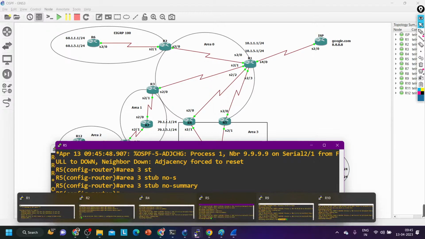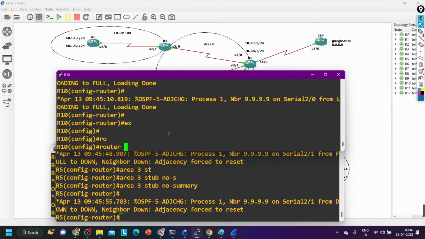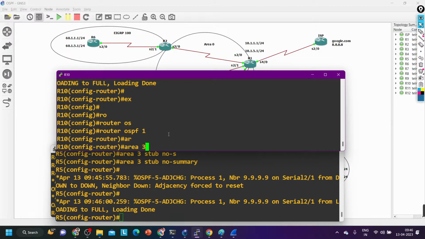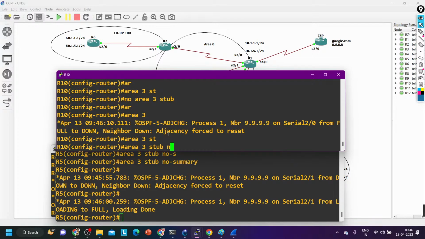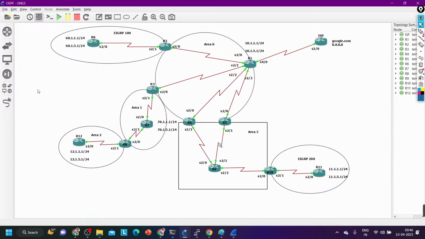In the same way on router number 10. Okay, just wait for 1 minute.